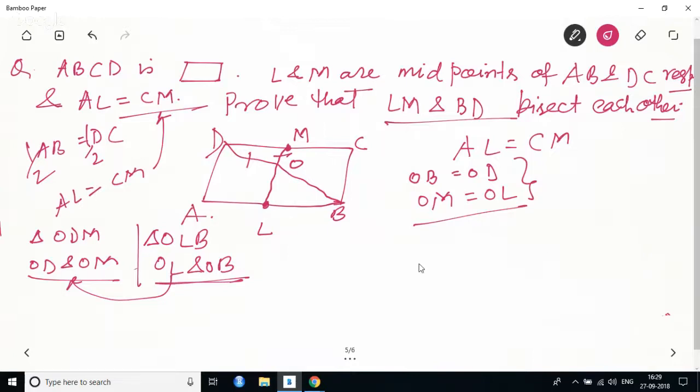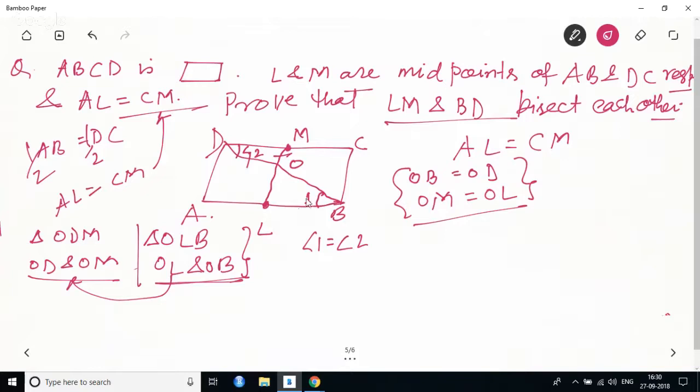Now in our syllabus only congruency is there, so your mind should directly go to congruency. Wherever you have to prove that this side is equal to that side, at least once your mind should go to the word congruency, that is, is there some kind of congruency which can be proved. Now try to understand. See, this angle 1 is equal to this angle 2.